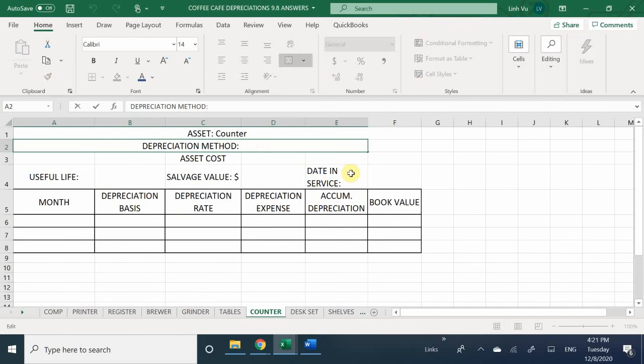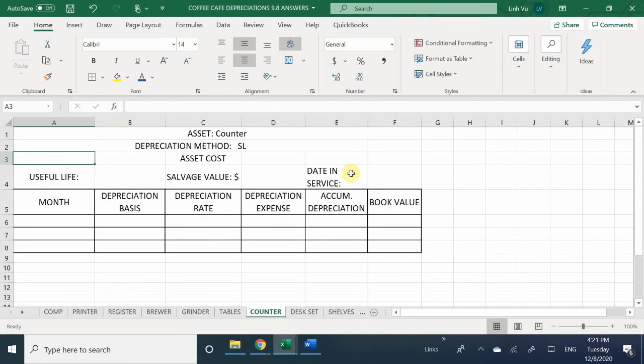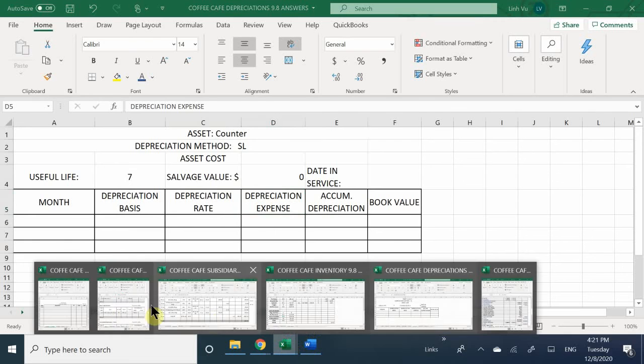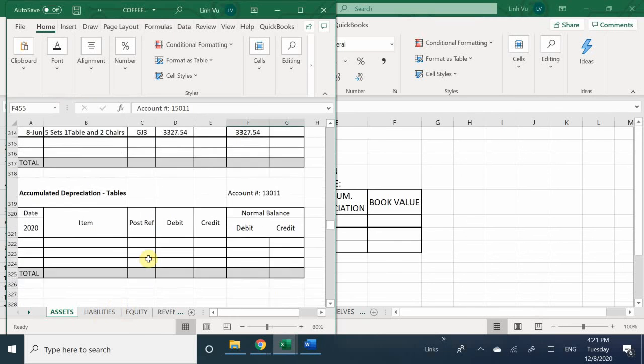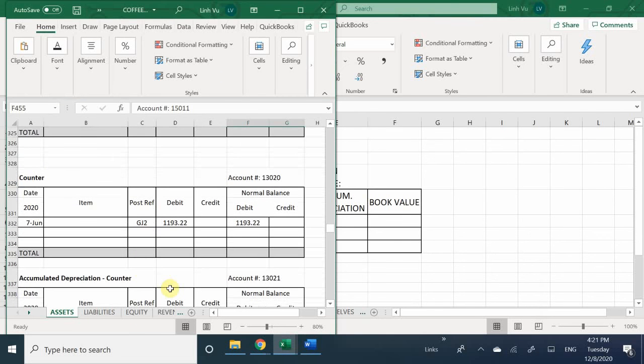Next one is going to be the counter. So we know it's straight line, we know that there's no residual value, and its useful life is 7. How much is the counter? It is $1,193.22.